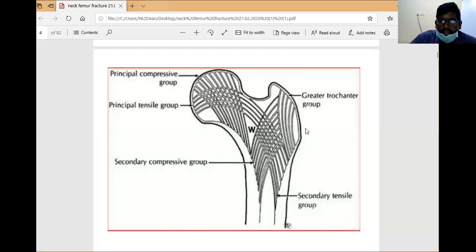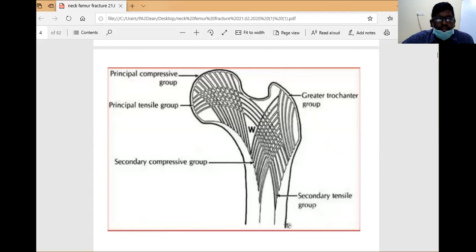There is one index called Singh's index, in which there are 6 grades based on this trabecular pattern. Grade 6 is all trabecular present, and grade 5 is only principal compressive and principal tensile groups are present. Rest of the trabecular are not visible on the radiographs.